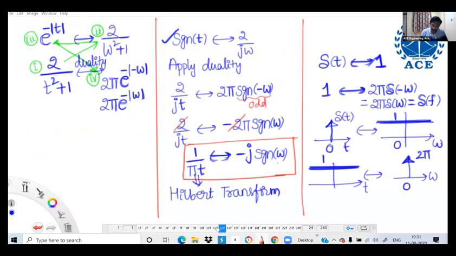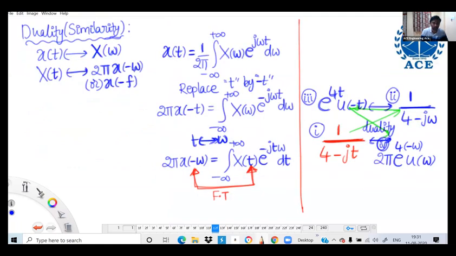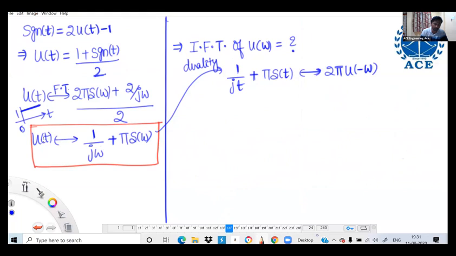That is what our property says: t is replaced by -ω, ω is replaced by t. But we want u(ω), so how do we convert this negative frequency to positive frequency? We extra apply the time reversal property.